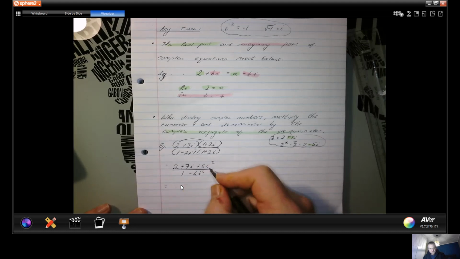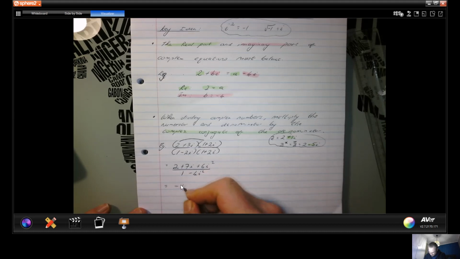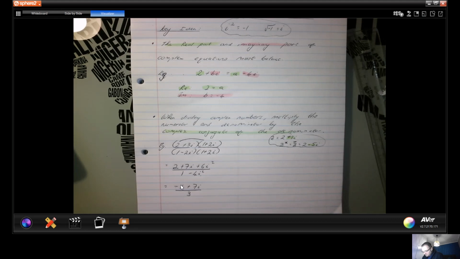So 6i squared, i squared is -1, so that's -6 plus 2 is -4, plus 7i. And 1 minus 4i squared, well, i squared is -1, so it'll be 1 minus 4 times -1, which becomes 1 plus 4, which is 5... which is 3, okay, so your answer is -4 plus 7i over 3.